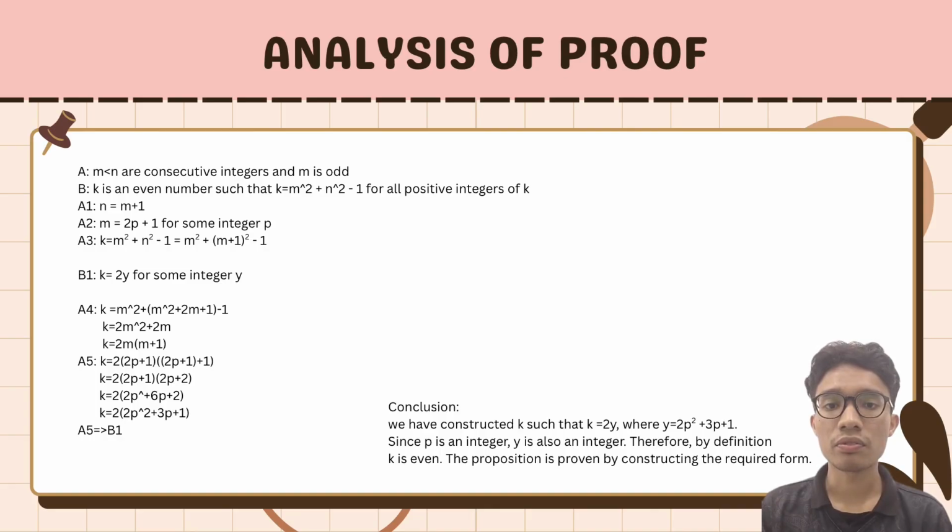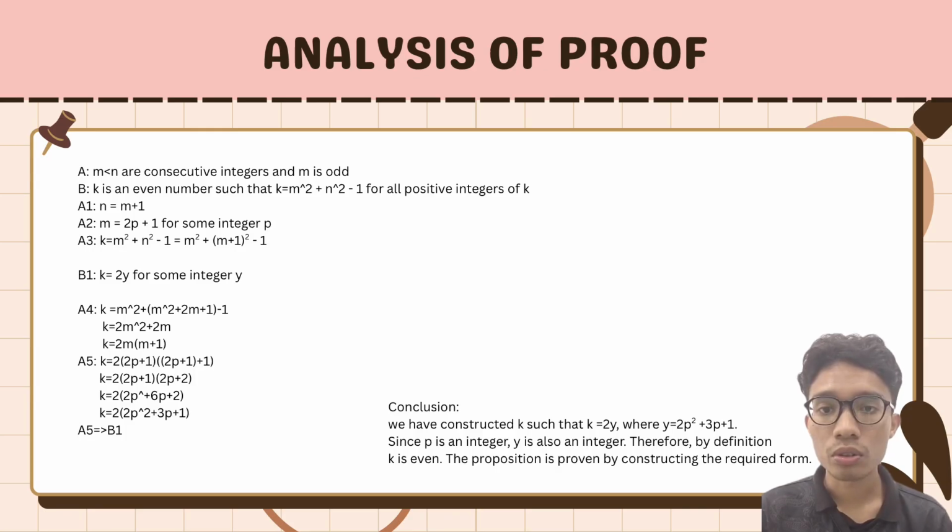This satisfies the form k equals 2y, where y equals m(m plus 1). To be more explicit, substitute A2 into this result, which is k equals 2(2p plus 1)(2p plus 1 plus 1).